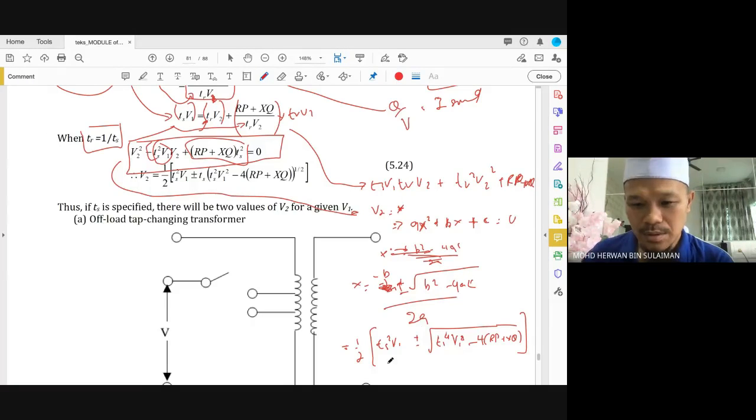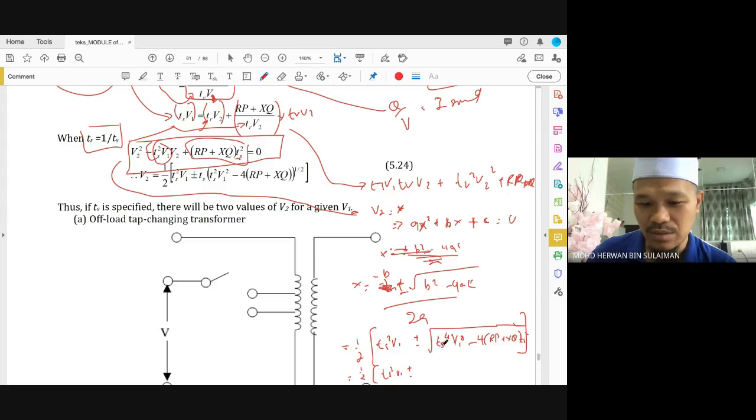Okay. And then this one, the power of 4, don't forget there's a TS. TS the power of 4, this one we have TS square, right? So you can make the factorization there, that's why the answer becomes half TS square V1 plus minus, because TS the power of 4 you can factorize square root.